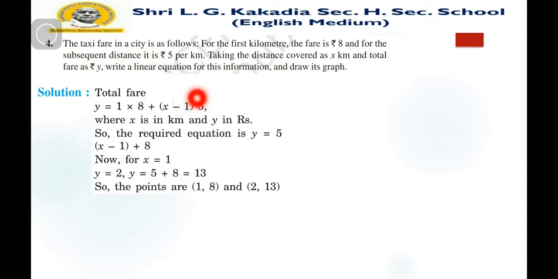So we have to multiply the remaining kilometers with 5. Then we get total fare y = 1 into 8 plus (x minus 1) into 5, where x is in kilometers and y is in rupees.